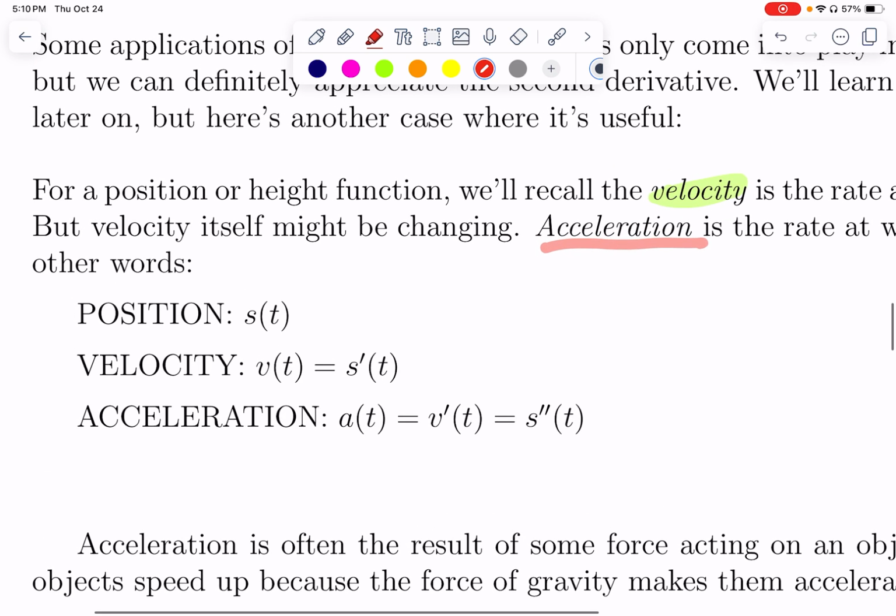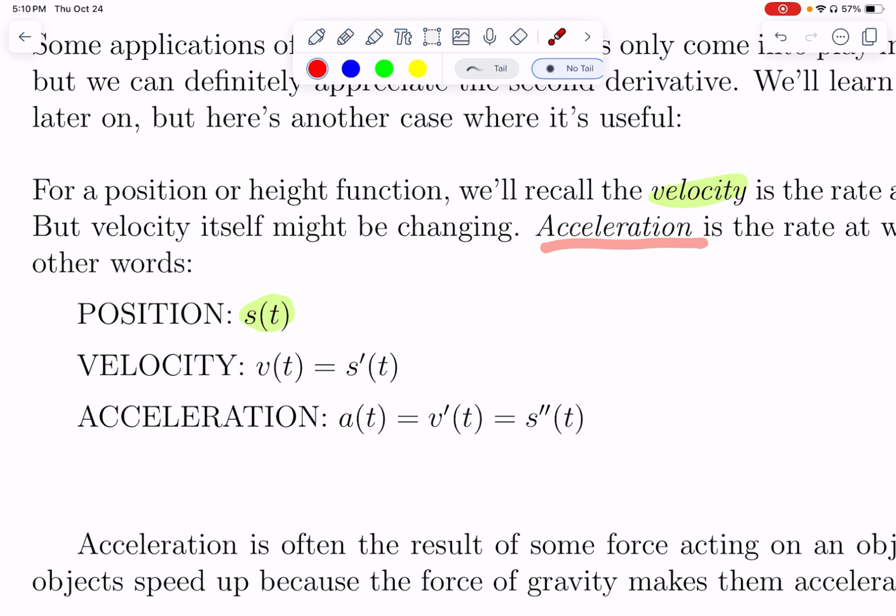So kind of in our notation with calculus, position, often we call that s of t. There's a Latin word, I think, for position, something related to that. Maybe that is why it's s, but it's often called s. And so velocity, sometimes we just call it v of t, but the velocity function is the derivative of position.